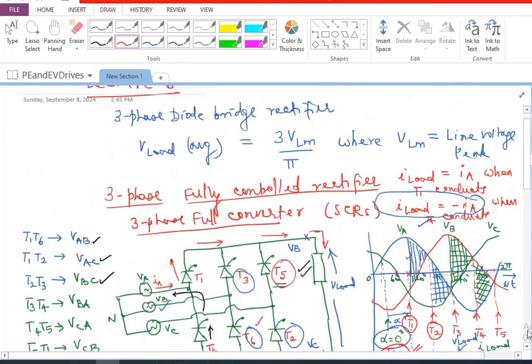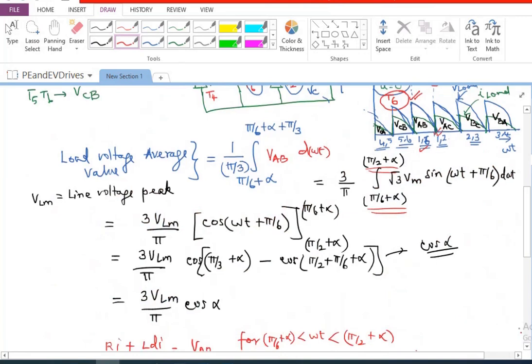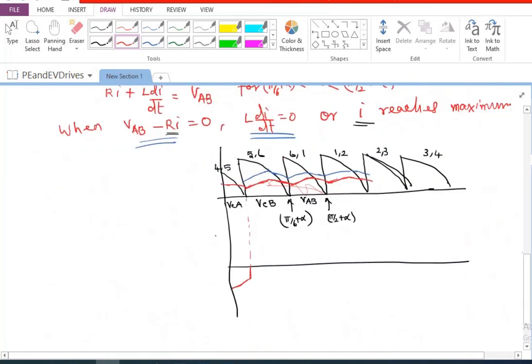So A phase is not involved at all when 5 and 6 are conducting. So I'm going to have literally zero current during that particular interval. But after that, 1 and 2 are conducting, and then 6 and 1 are conducting, and 1 and 2 are conducting. So for these two intervals, I should show the current like this.